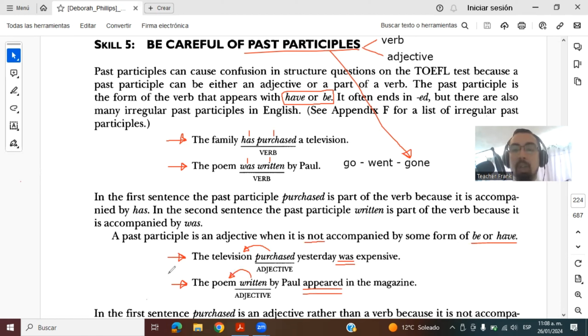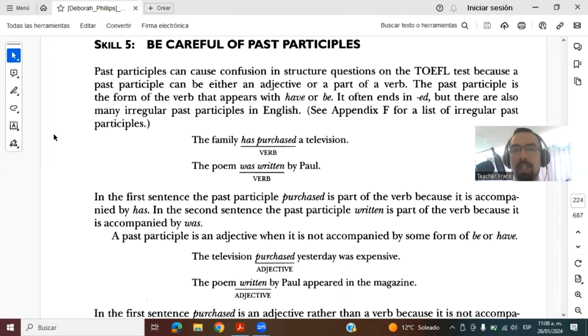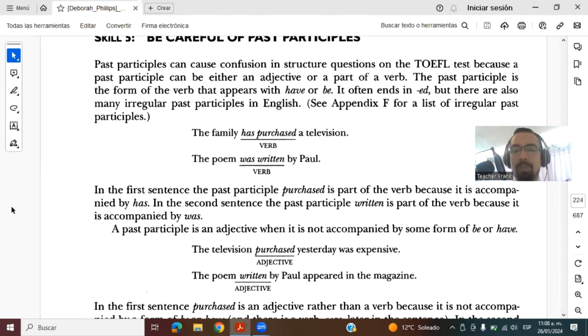This is like saying the good poem or the bad poem or the happy poem or the expensive TV or the big TV or the small TV, right? They're just adjectives, but they go after the noun, not before. So yeah, I hope this explanation helps clear that up, sorry.